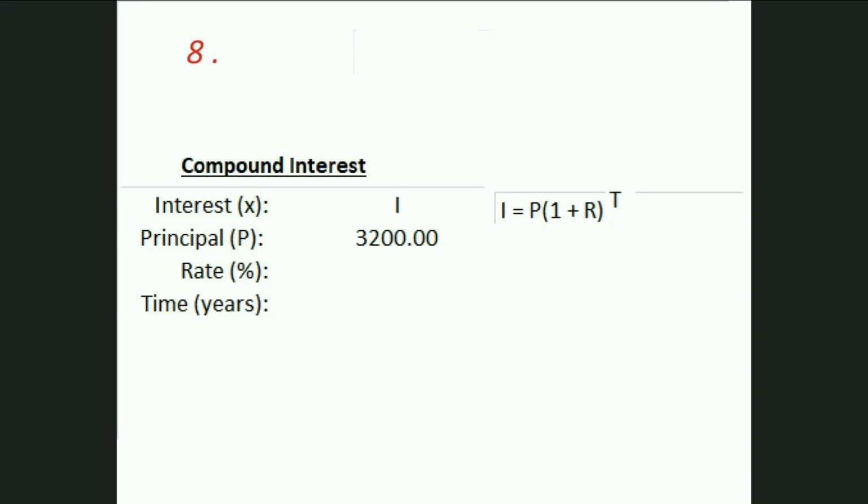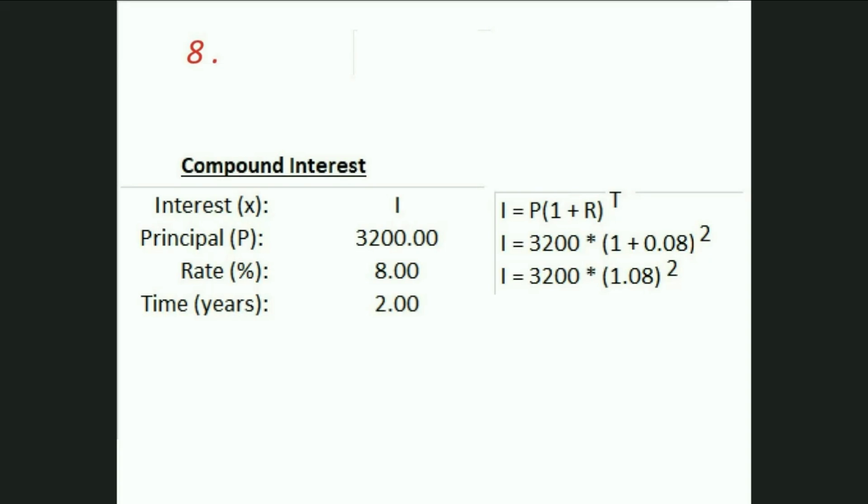Number 8. Our principal this time is $3,200. Our rate is 8%, and our time in years is 2. So the formula again is I equals P times 1 plus R raised to the T. And our interest is 3,200 times the quantity 1 plus 0.08 raised to the second power.